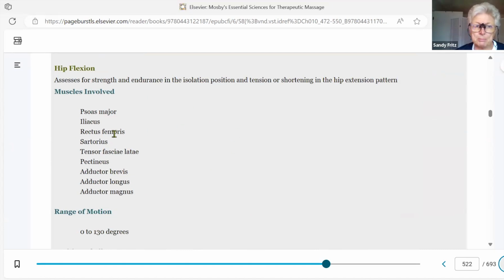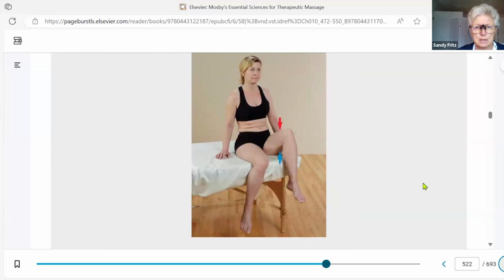If you can't remember what this muscle is, you can copy it and put it into the search program. It'll take you at some point back to chapter 9. You can review that a little bit, review that again in order to help you understand. Here's a picture of it.